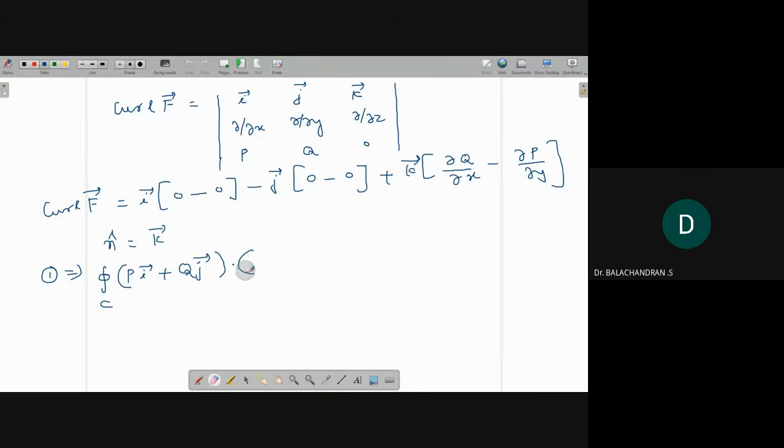So there is no need to write again like this. F vector dot dr vector is p dx plus q dy, equal to double integral.